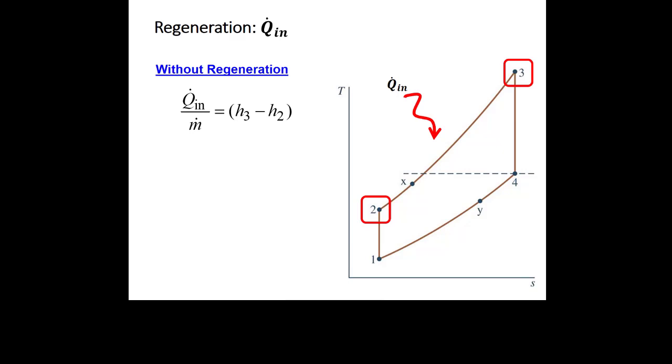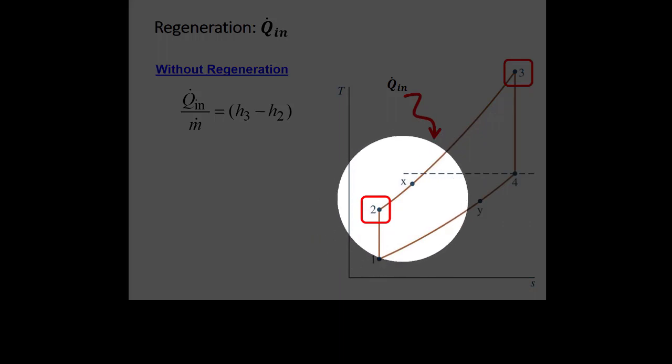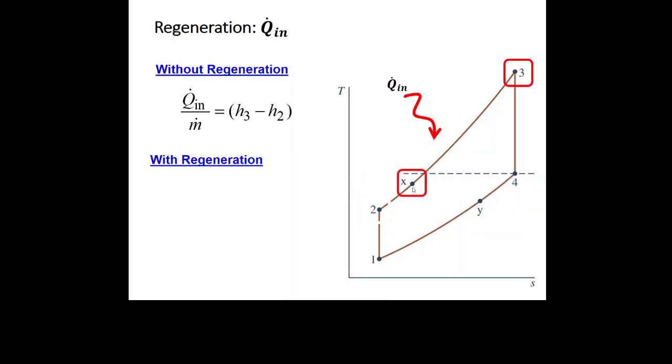But if I let my exhaust gas preheat this fluid from state 2 to state X, right now I'm only adding heat to get from state X to state 3. Right? And because the temperature at X is higher, the enthalpy is higher, so this enthalpy difference is smaller. So I'm burning less fossil fuels to get the same benefit.